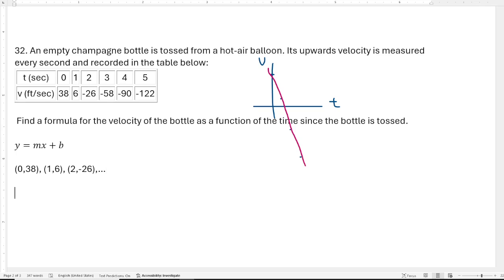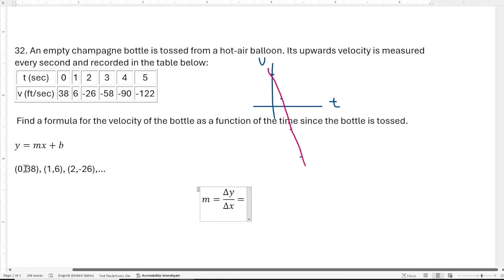Okay, how do you get the m? M is given by change of y over change of x, right? And change of y, let's just look at the change of y between these 2 points. So y value became 38, and then it became 6. So 38 to 6, there's a drop of negative 32, right?